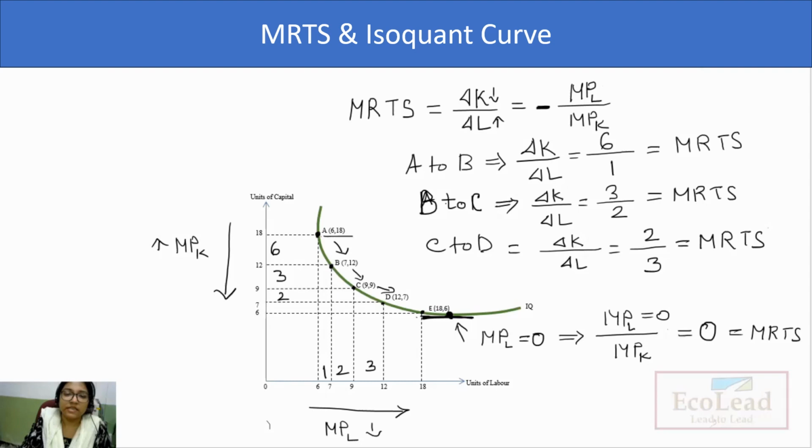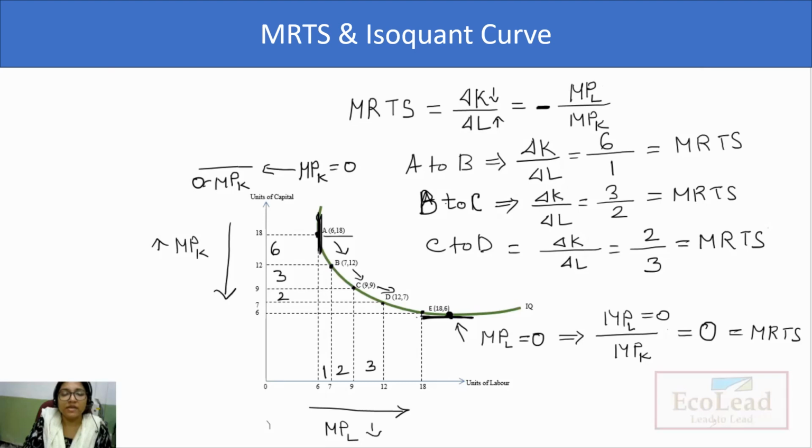On the contrary, if we continuously increase the capital and reach a situation where we draw a tangent on the isoquant line, then we find that the MPK is 0. MPK is 0 means, where does MPK come in the formula of the slope? MPK comes here at the denominator.